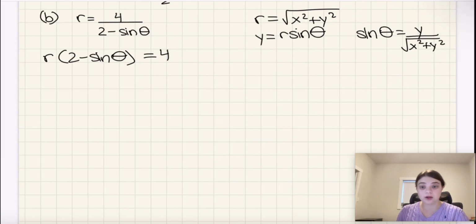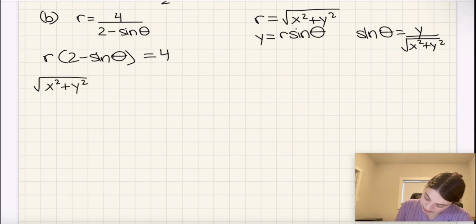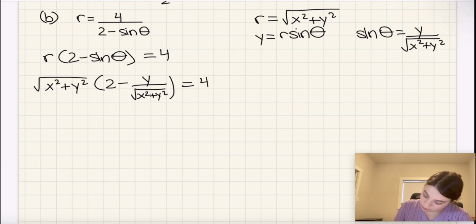So then if we sub all of this in, we're going to get the square root of x squared plus y squared times 2 minus y over the square root of x squared plus y squared is equal to 4.